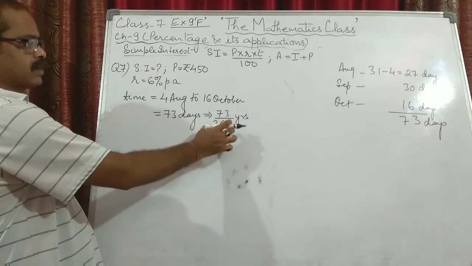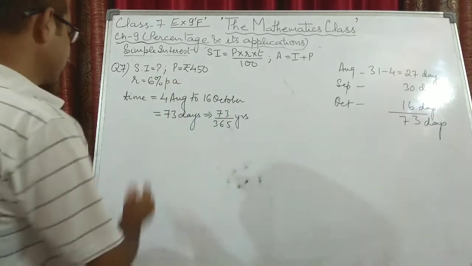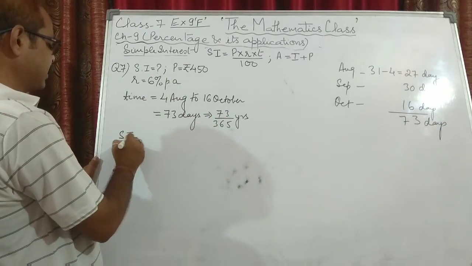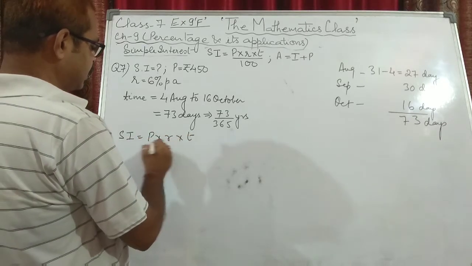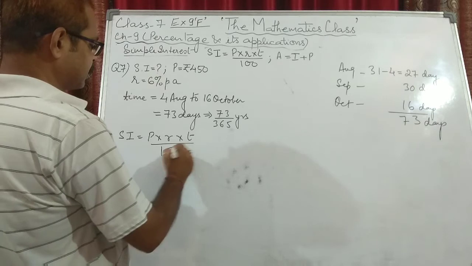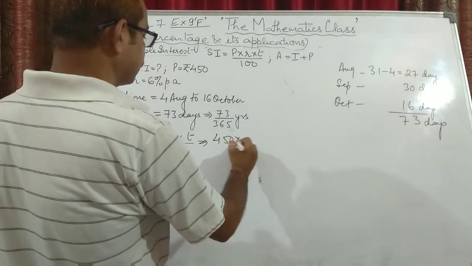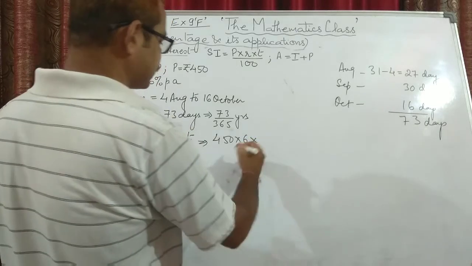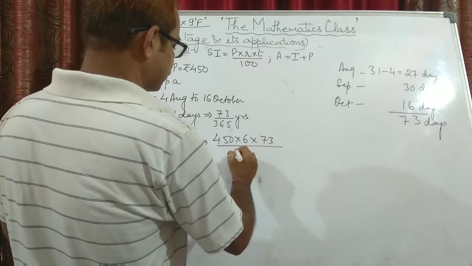The main objective of the question was to make you understand how do we convert the days into years. So we know that simple interest is equal to P into R into T upon 100, principal into rate into time.